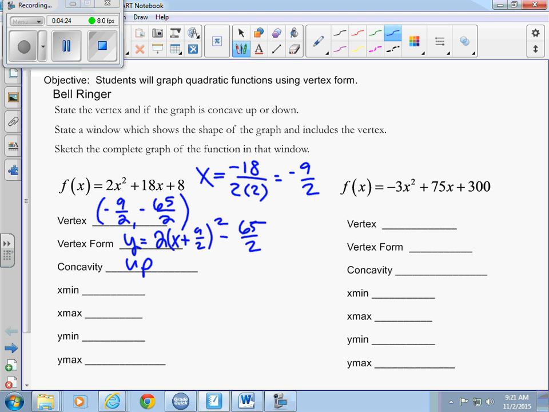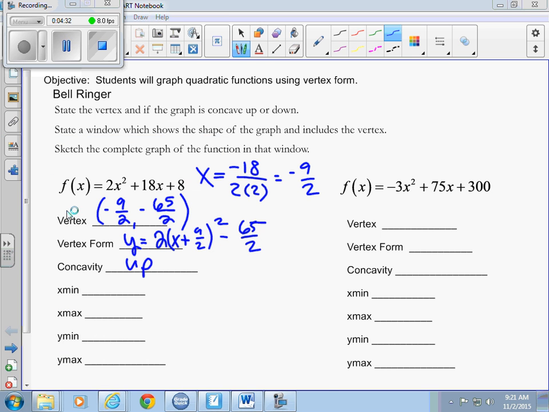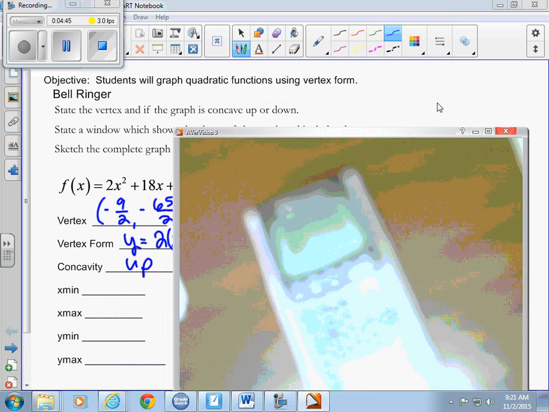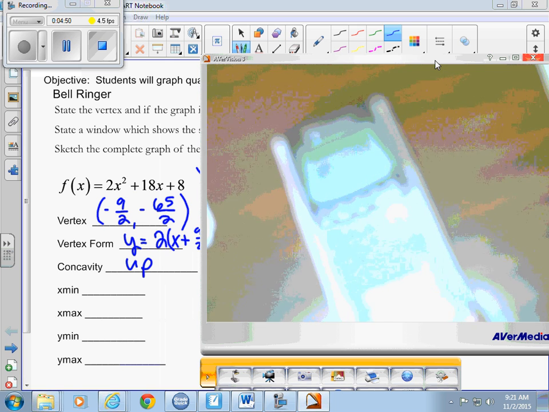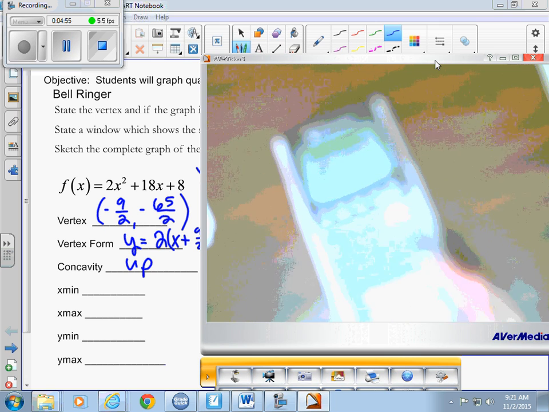Why is that important? Why do I need to know where the vertex is when I'm setting my window to see this quadratic? Because I want to see the vertex. That's right. So in y equals, I'm going to put 2x squared plus 18x plus 8.